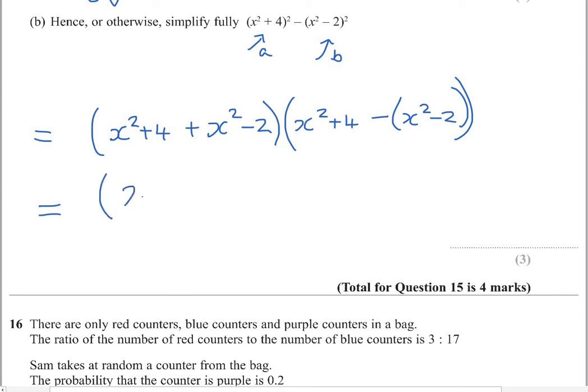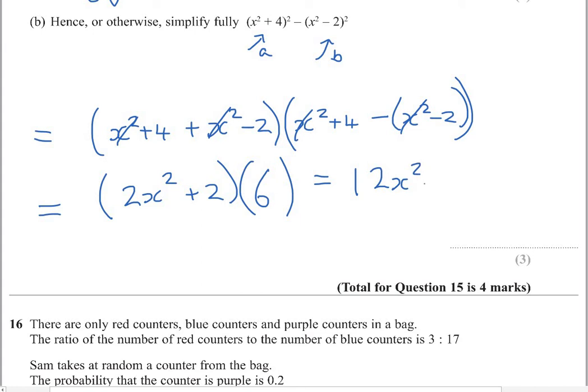Well, this is going to be 2x squared by adding them, and the plus 4 and the minus 2 is going to make a 2. This is going to be, well, the x squareds are going to cancel. 4 minus minus 2 is 6. Okay, and then we just expand this. We get 12x squared plus 12, and we can factorize 12 from this to give 12 times x squared plus 1. And that is our final answer there. So I'll write it out again.